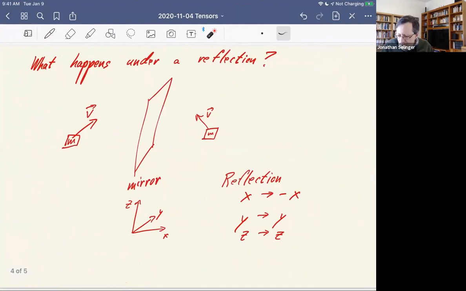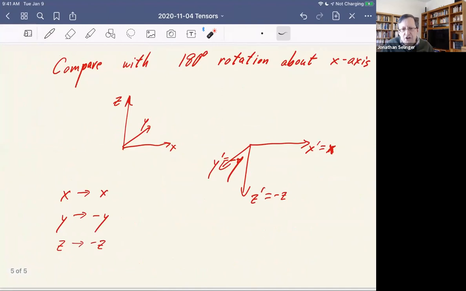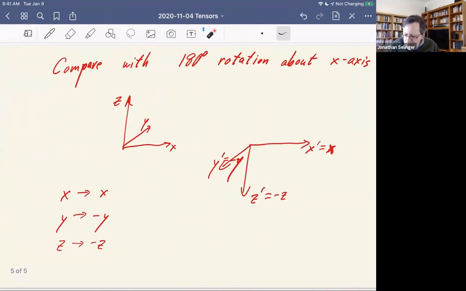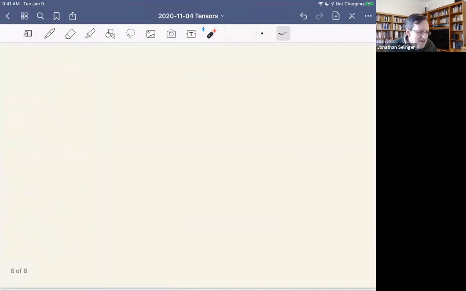Because the rotation changes two of the coordinates, the reflection changes one coordinate, and so if you do both of those things, you get the inversion.